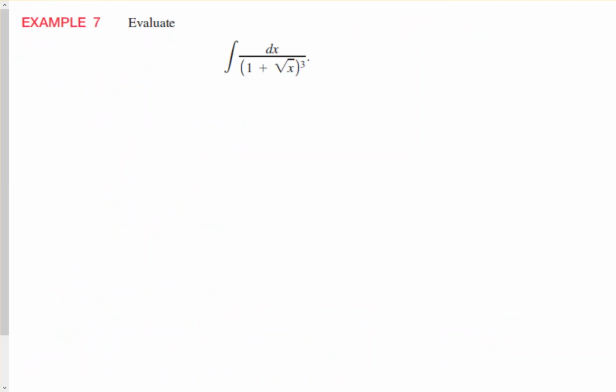Okay, let's take a look at this one. Example 7. Integrating. So here, with this one, we could try a little substitution. We could do substitution with this, maybe say u would equal 1 plus the square root of x.